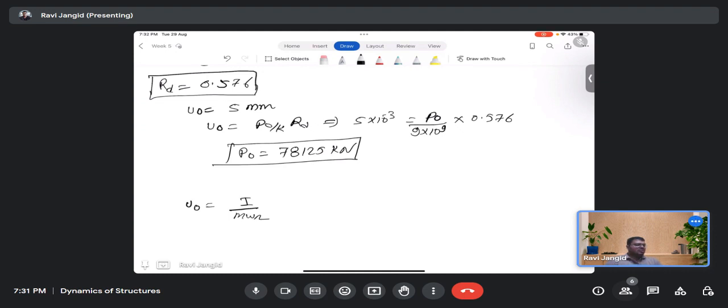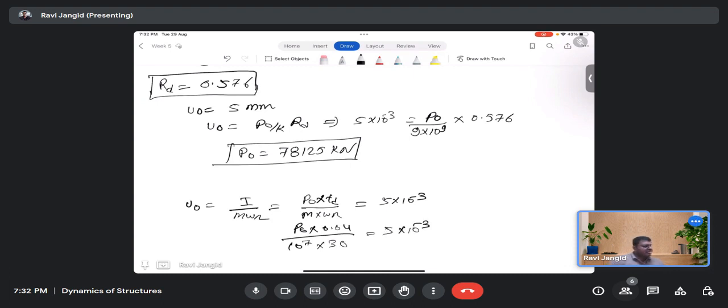I is given as p naught into td, and u naught is given as 5 into 10 raised to power minus 3. p naught td is 0.04, m is 10 raised to power 7, and omega n is 30. So let us calculate what difference is coming.